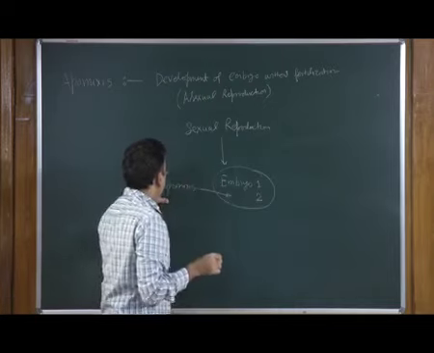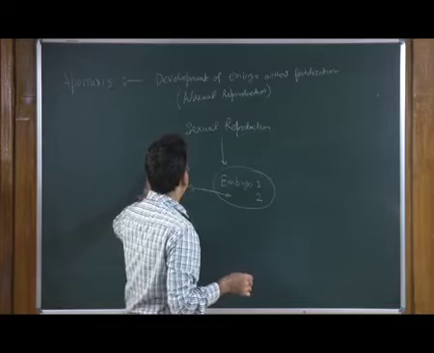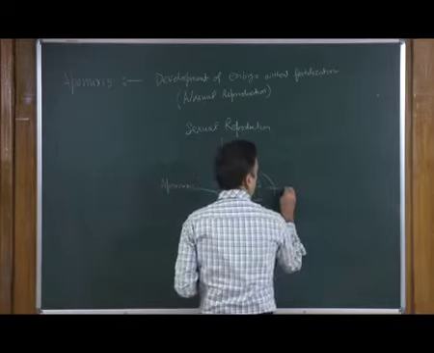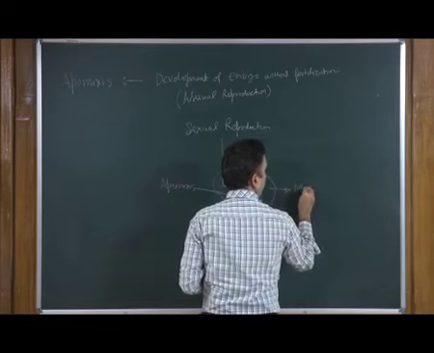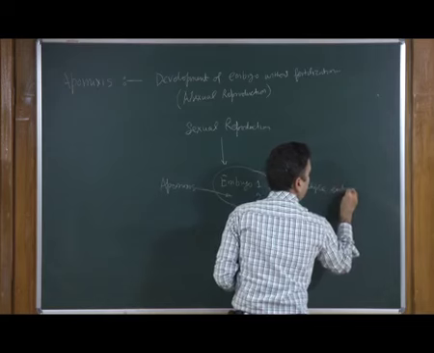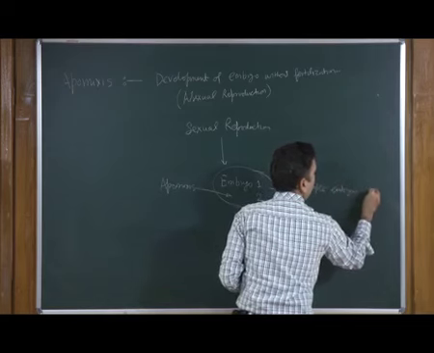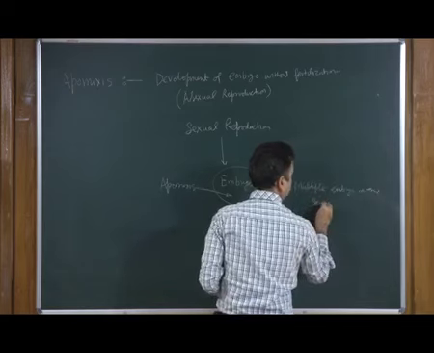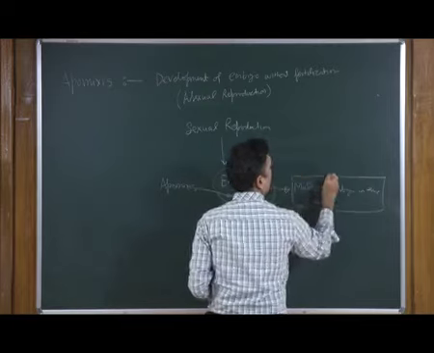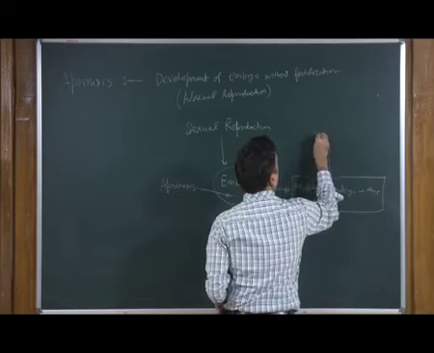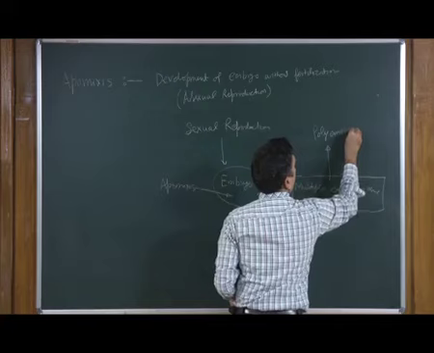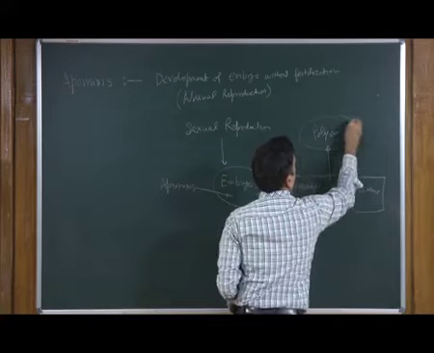So, if the plant goes for apomixis as well as sexual reproduction, it is going to have multiple embryos in the seed, and this condition is known as polyembryony. Okay.